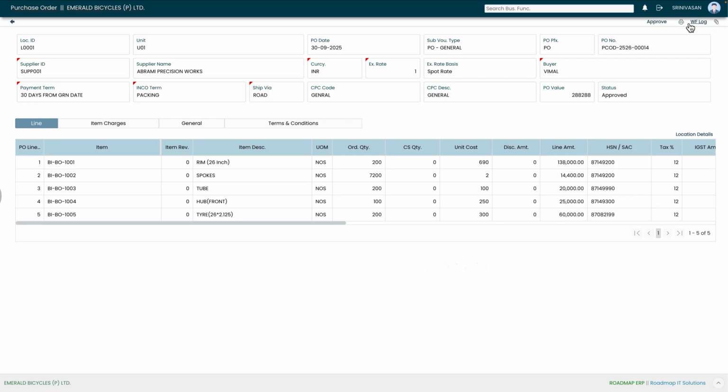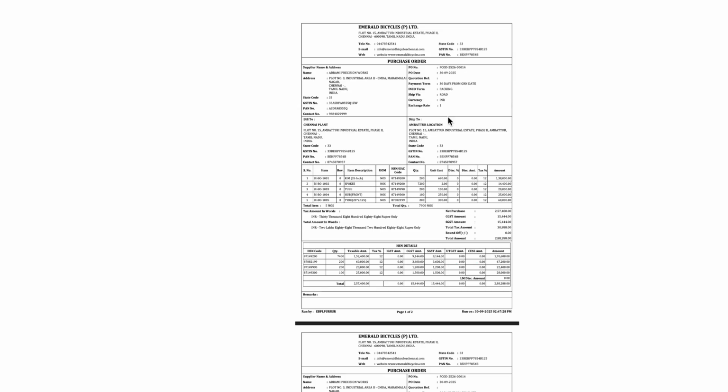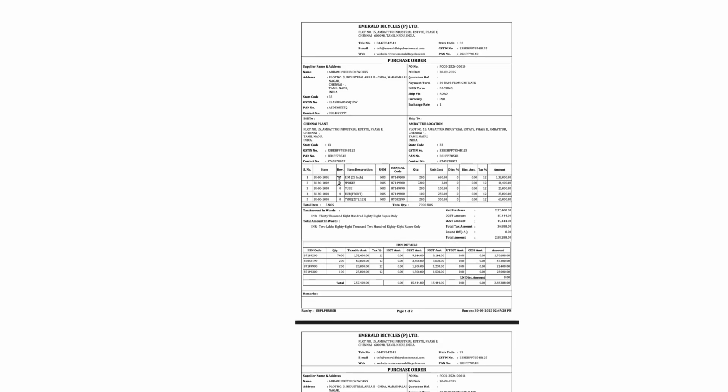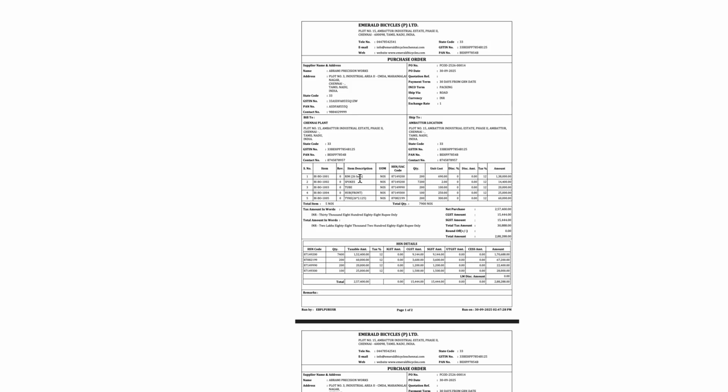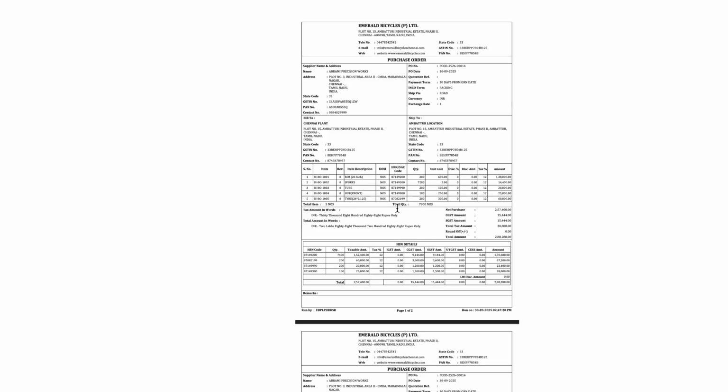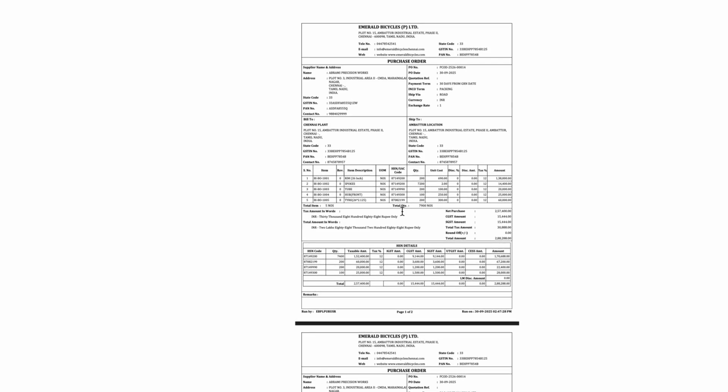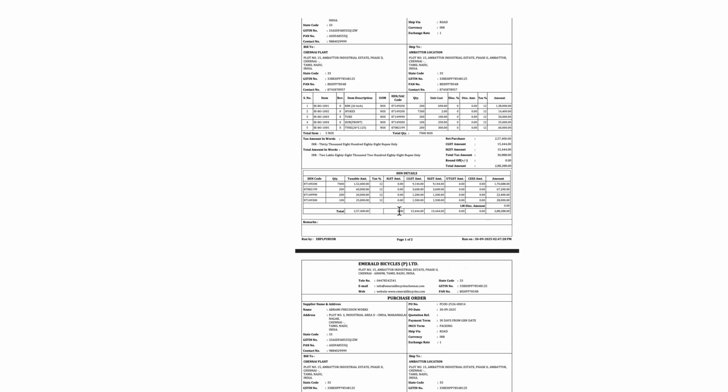And when you click on this print icon, a report gets generated for your purchase order, which holds the supplier name and address, bill to, ship to. And then you have your item description, total quantity, total items, tax amount in words, total amount in words, and the calculated GST.